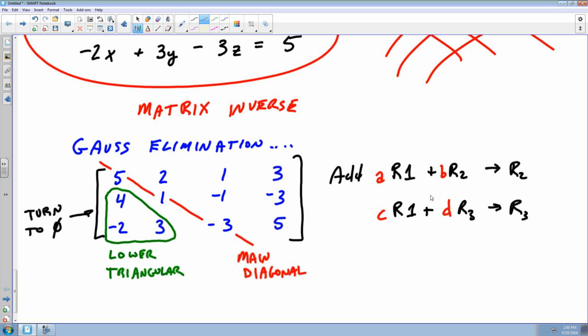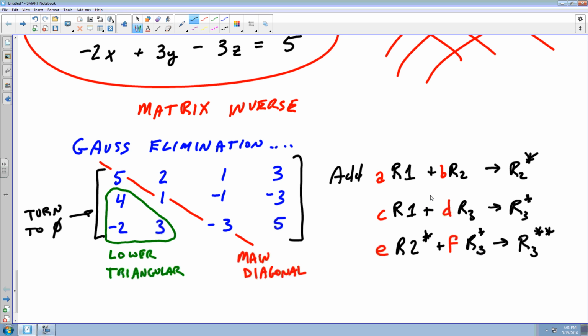Then finally we're going to add a combination of the new row 2, which we'll call R2 star, and row 3, this is the new R3, to make an even more new R3.